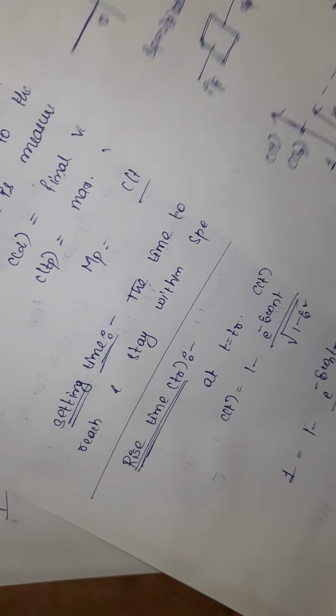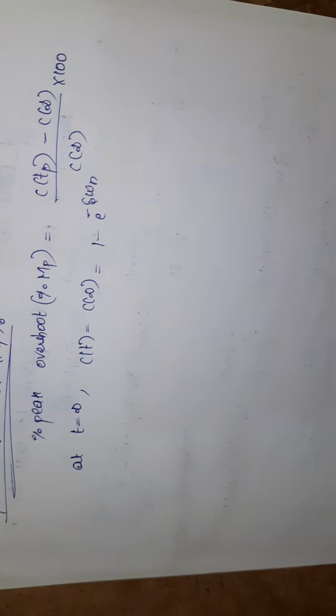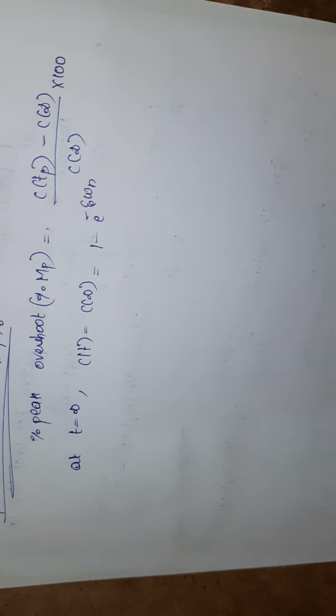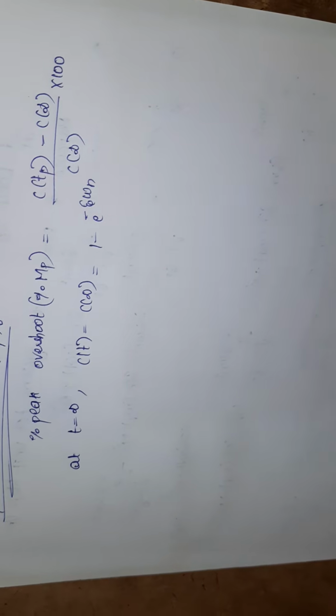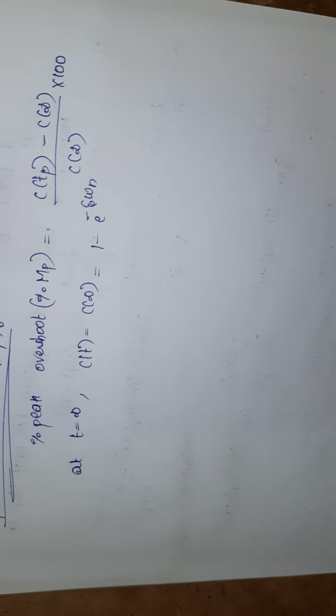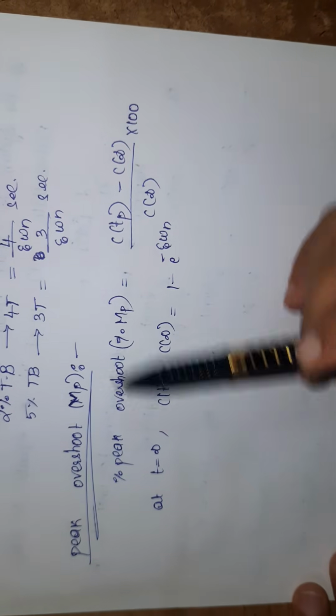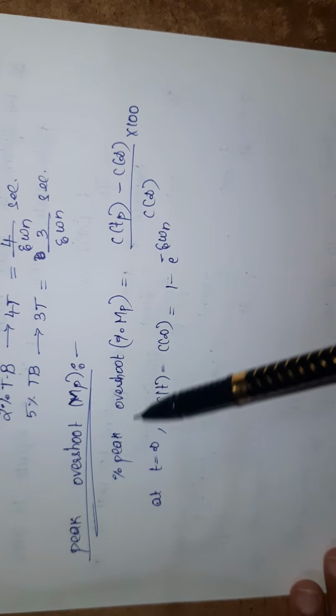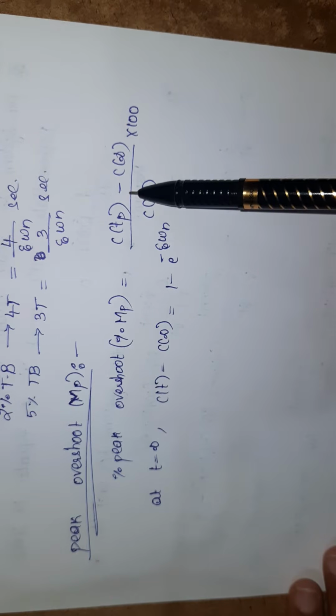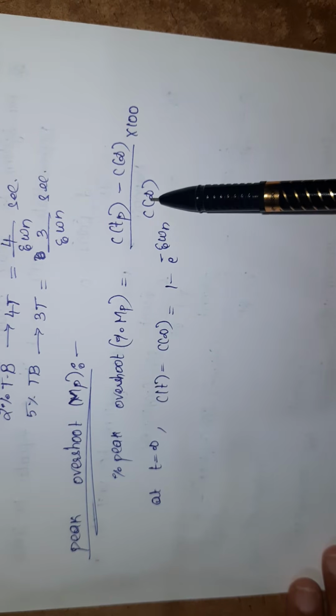We got the peak time, Tp is equal to pi by omega d. So we get the maximum peak overshoot at the peak time, t equal to Tp, and we know the formula. Percentage of peak overshoot can be calculated by using this formula.